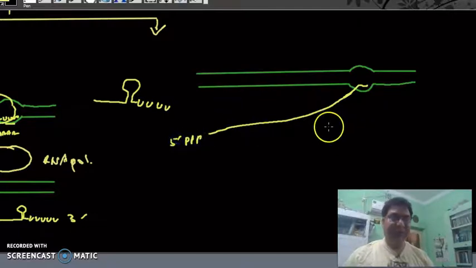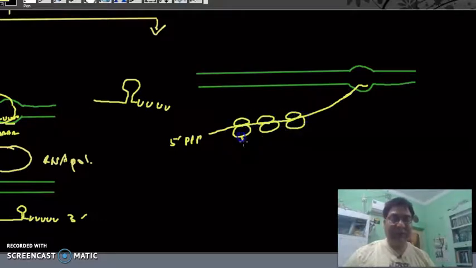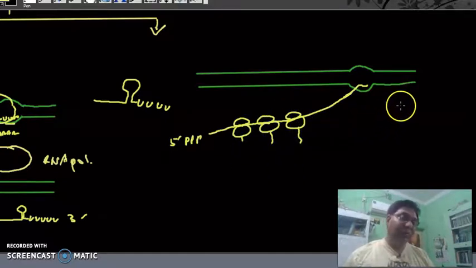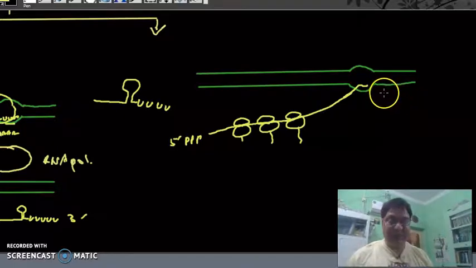This is a bacterial system. So when this RNA is being formed in bacteria, what will happen? Ribosomes will sit here and will start synthesizing protein. Because in prokaryotes there is no nuclear membrane, the transcription and translation processes are coupled.